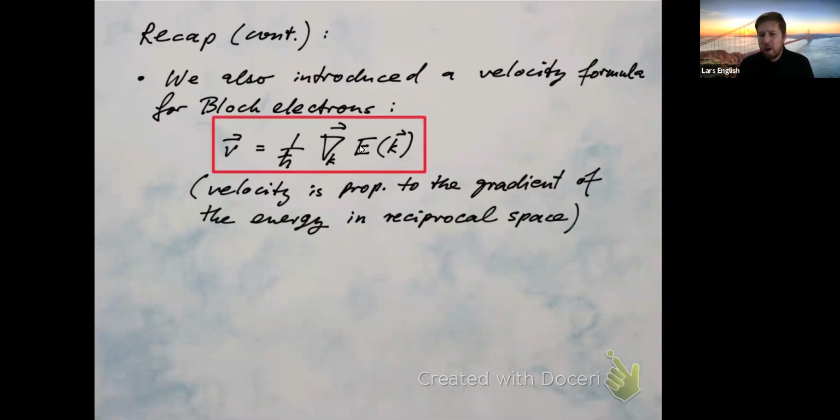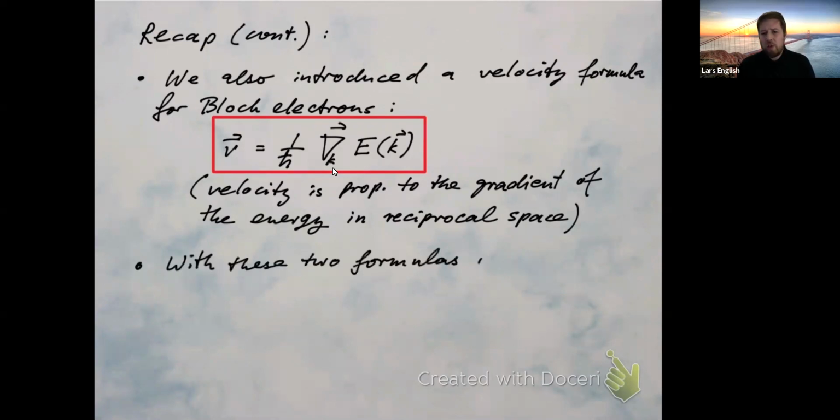So 1 over h bar times this gradient. And I have a little subscript k to remind ourselves that this gradient is to be taken with respect to the reciprocal lattice vector. Okay, and so we see here that the velocity is simply proportional to that.